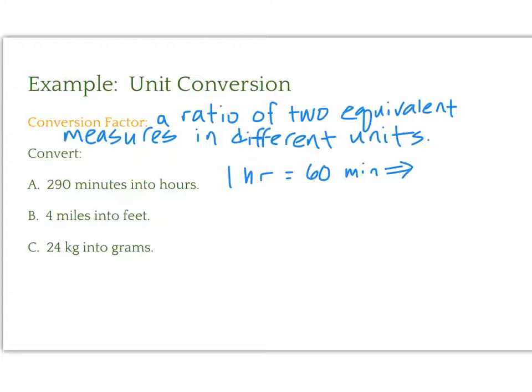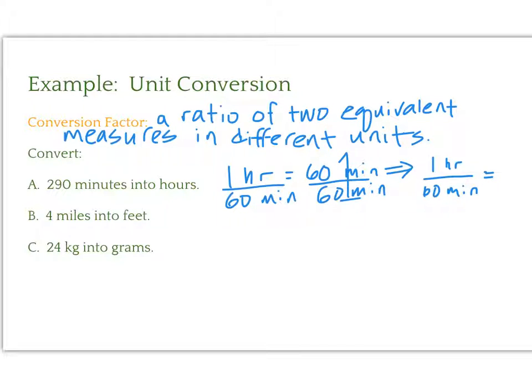If I divide both sides by 60 minutes, something over itself is 1, so 1 hour over 60 minutes is equal to 1. So I can multiply 1 hour over 60 minutes times anything I wish.